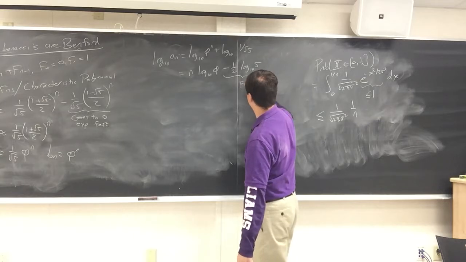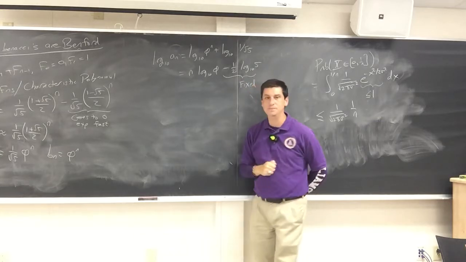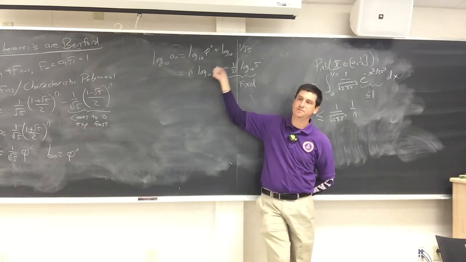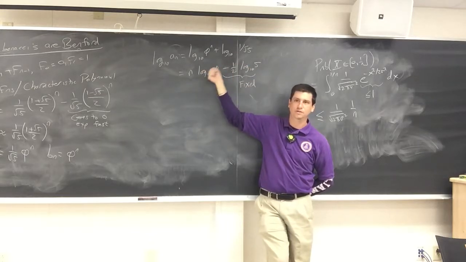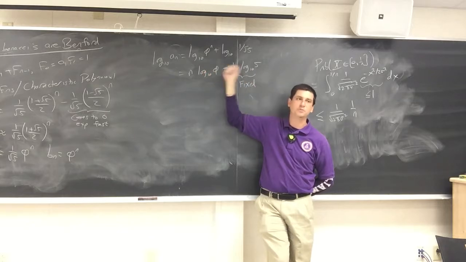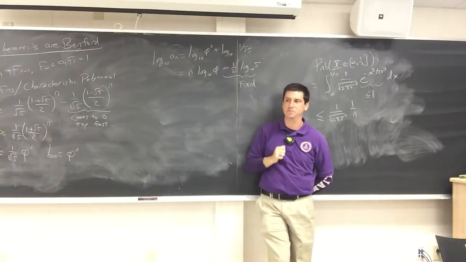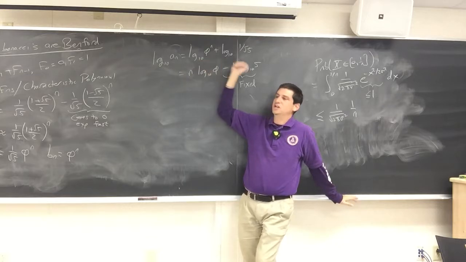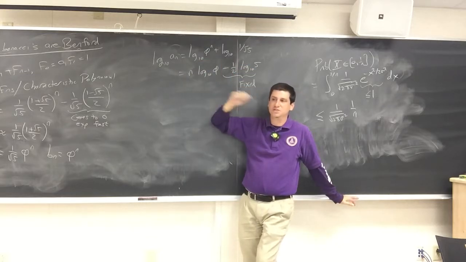But this is a fixed number. It has no independence. We only care about these values what? We don't care about the absolute magnitude of these numbers. When I'm looking at the logarithm, I don't care about the actual value. I only care about the value up to something.